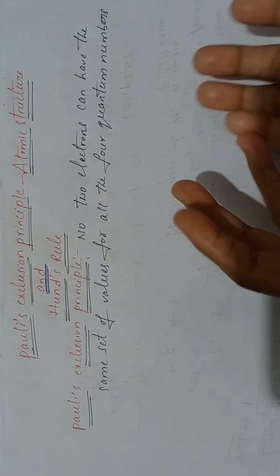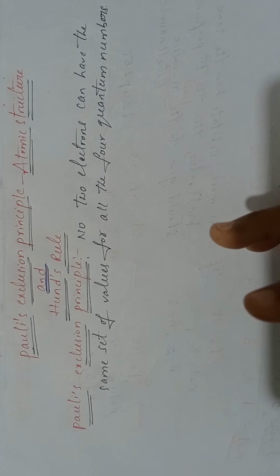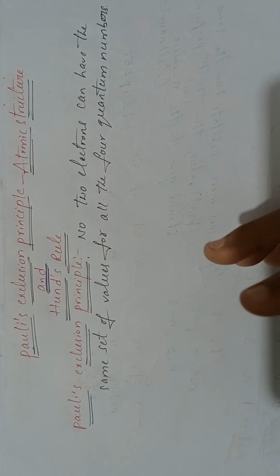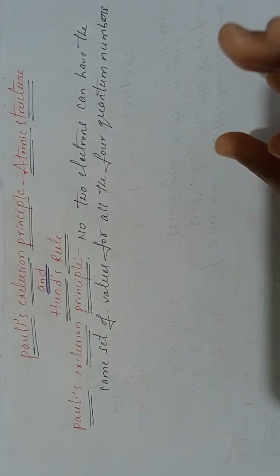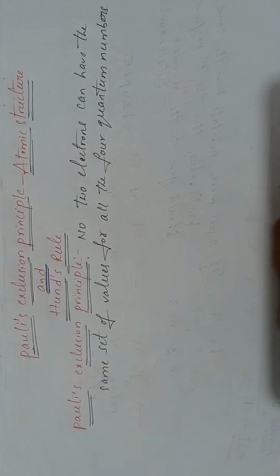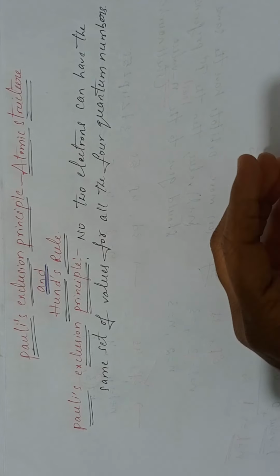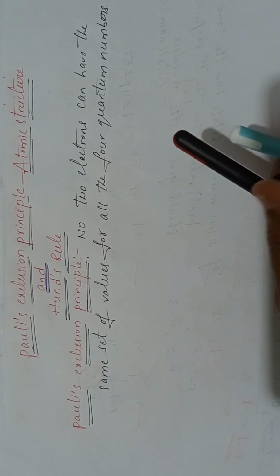We know the four quantum numbers: principal quantum number, azimuthal quantum number, magnetic quantum number, spin quantum number, n, l, m, s values. No two electrons can have the same set of values for all the four quantum numbers. For example, I am taking the helium atom.